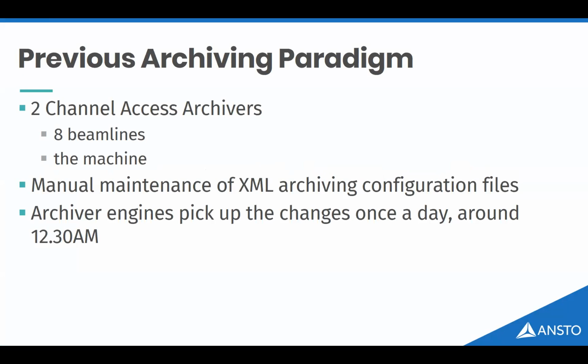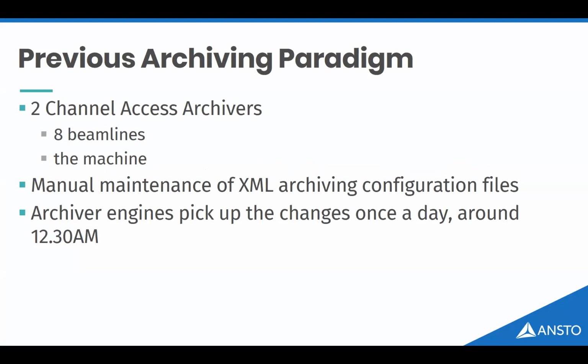Since the facility was commissioned, I think we had 2 channel access archivers. One was for all of the beamlines, and the other one was for the machine. This gave us a bit of separation between the 2 in case something goes wrong on one.